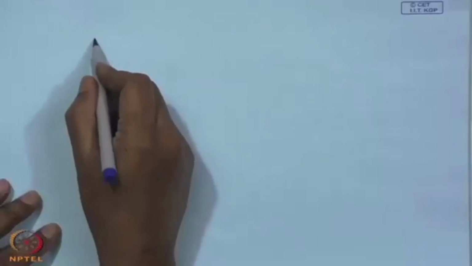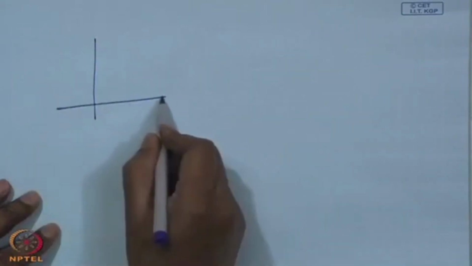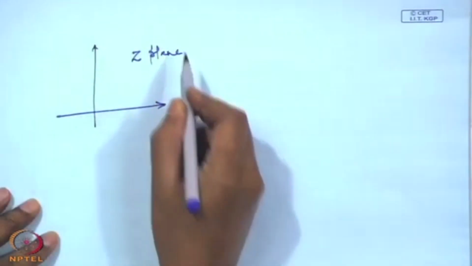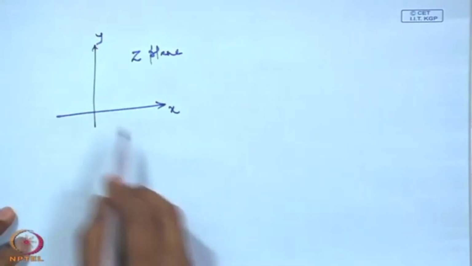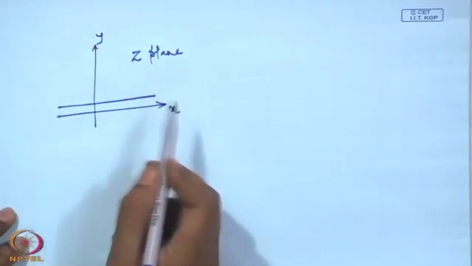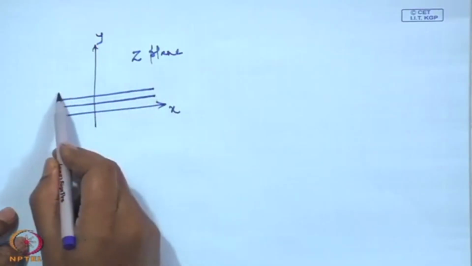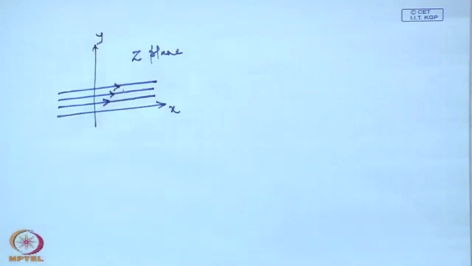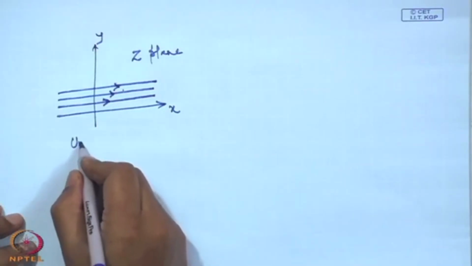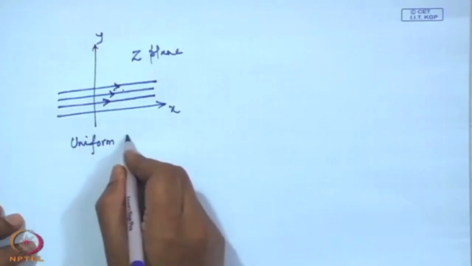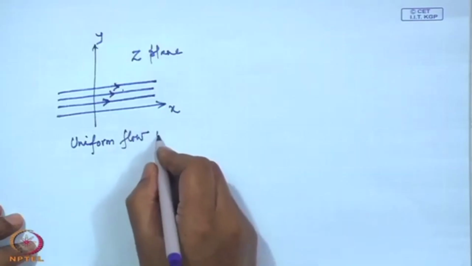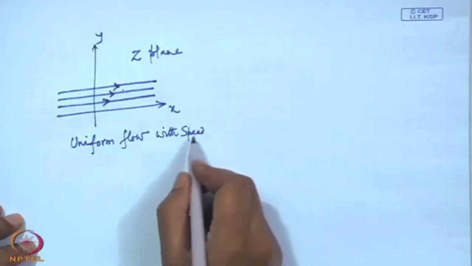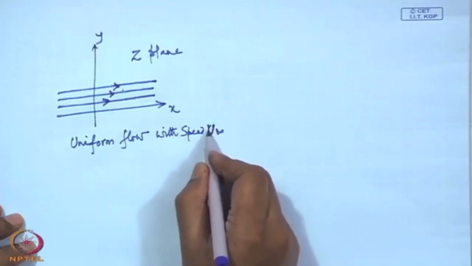So, in the z plane, we have the streamlines, we can show only a few streamlines, with speed u infinity.